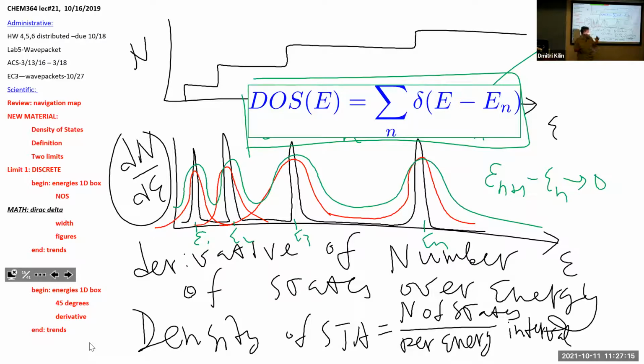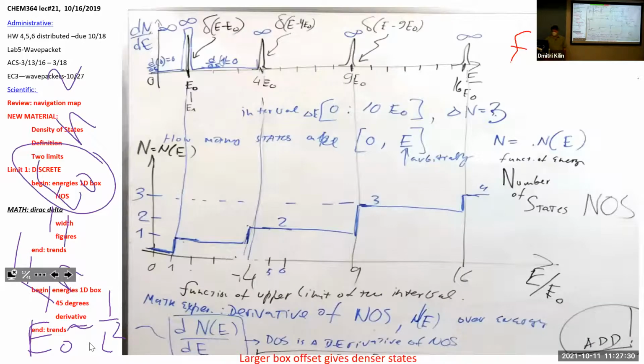If they are sparse, the earlier definition is much better and more universal. But still, let's look at the situation when states are dense. So nothing new.